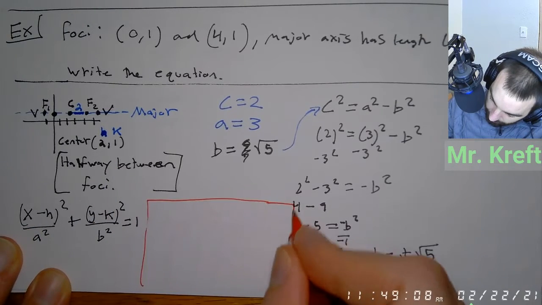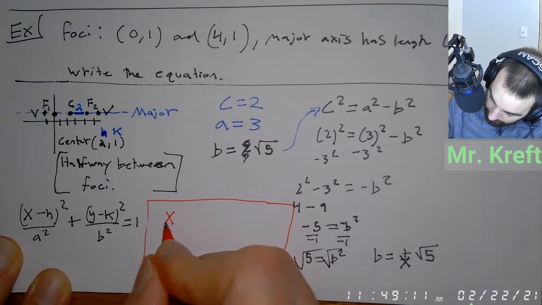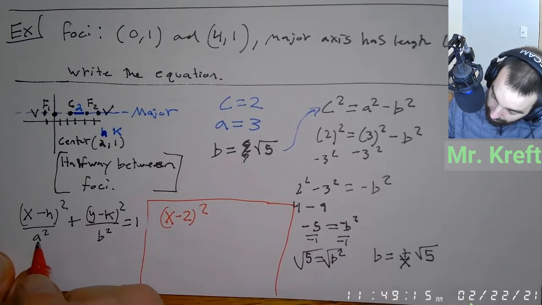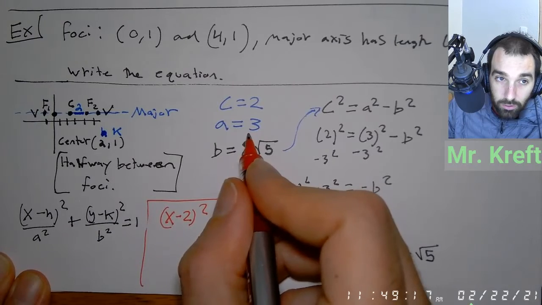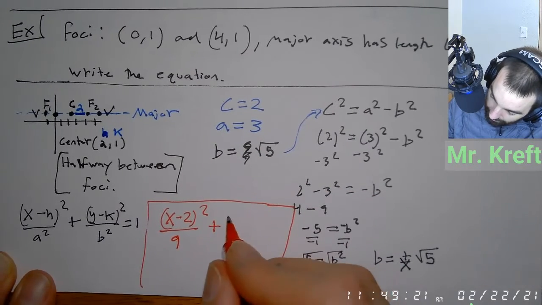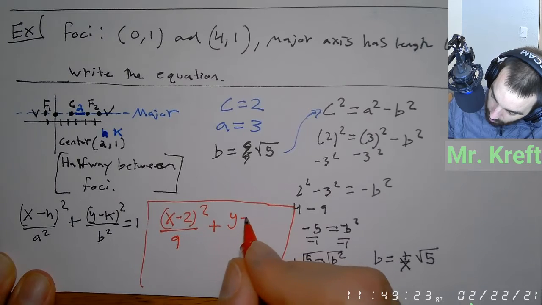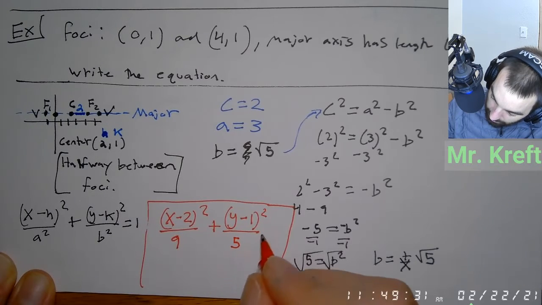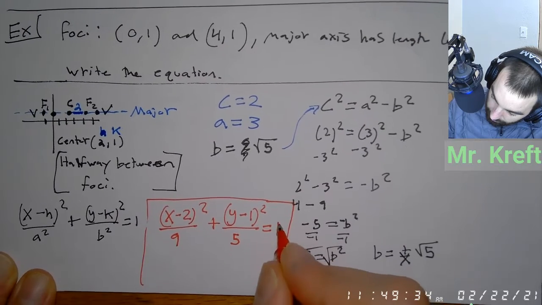So I'm going to have x minus 2, quantity squared. And then on the bottom, I'm going to have a squared. So 3 squared is 9. And then I'm going to have y minus 1, quantity squared. And then on the bottom, I'm going to have b squared. B squared is 5, so 5, and then equals 1.